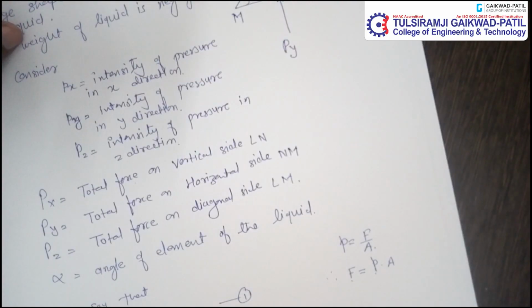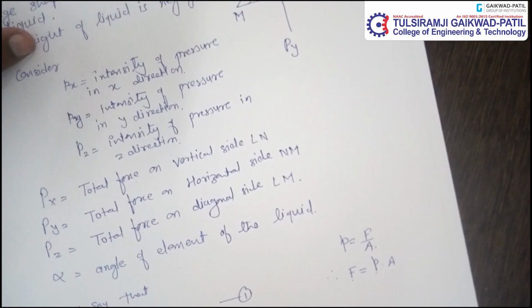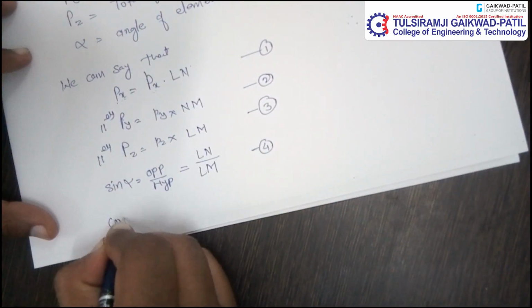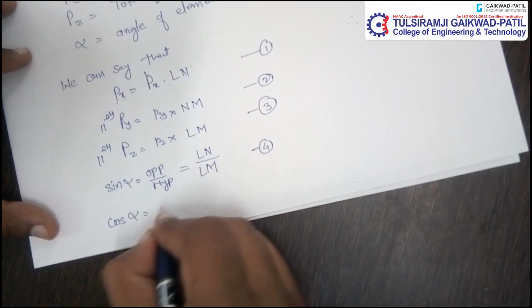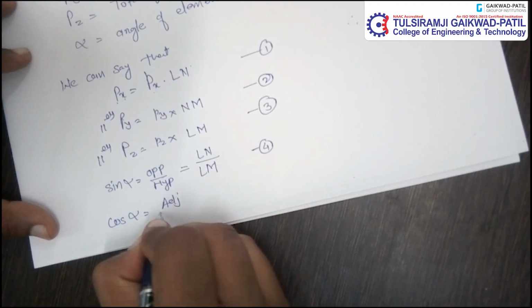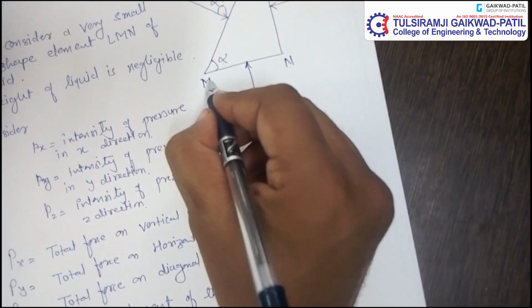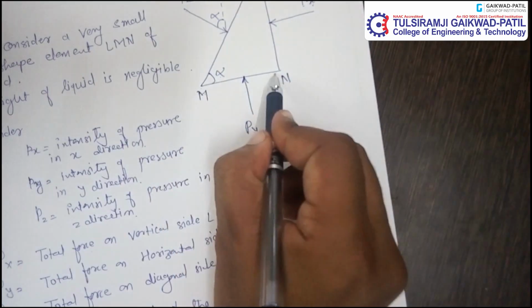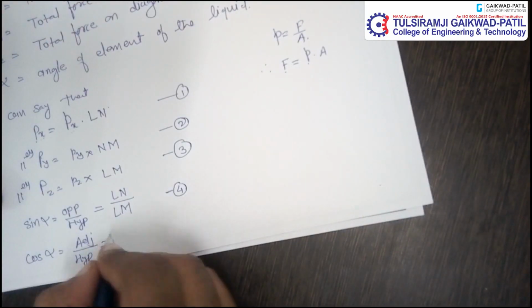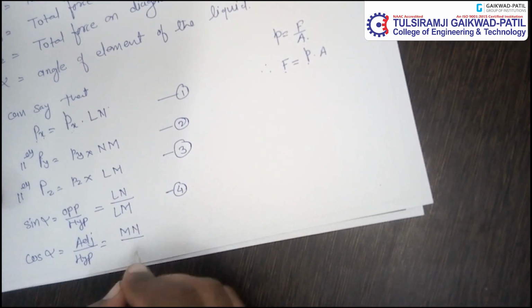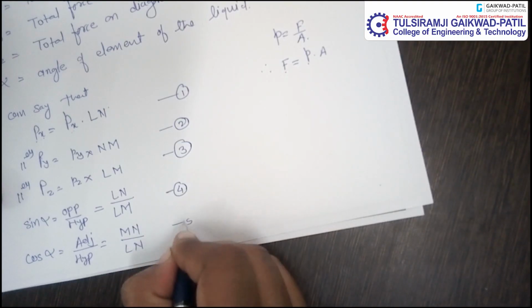Therefore we can write LN upon LM, this is again equation number 4. Similarly, cos alpha is what? Adjacent upon hypotenuse. What is adjacent of alpha? MN, and hypotenuse same. Similarly, therefore we can write MN upon LM, equation number 5.